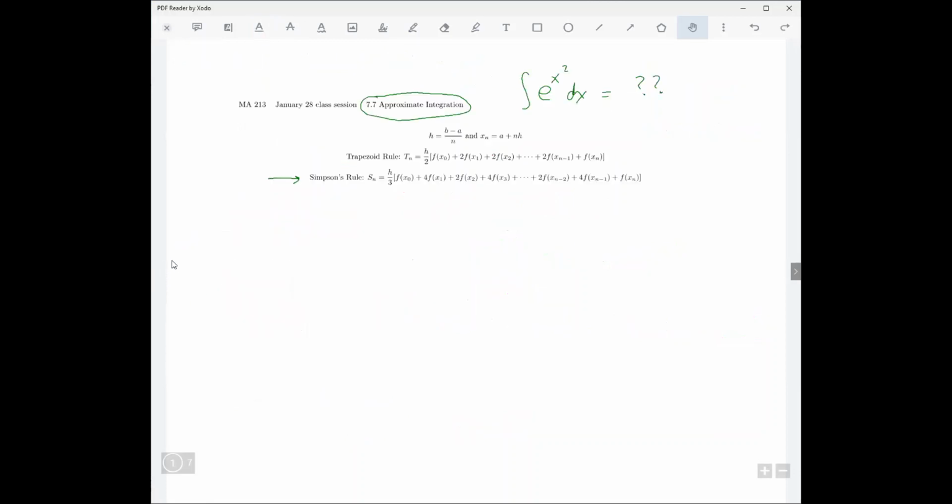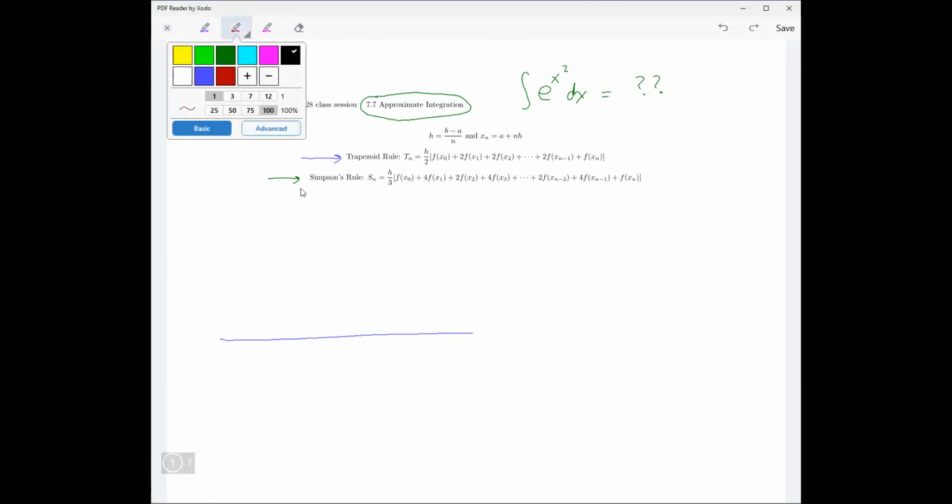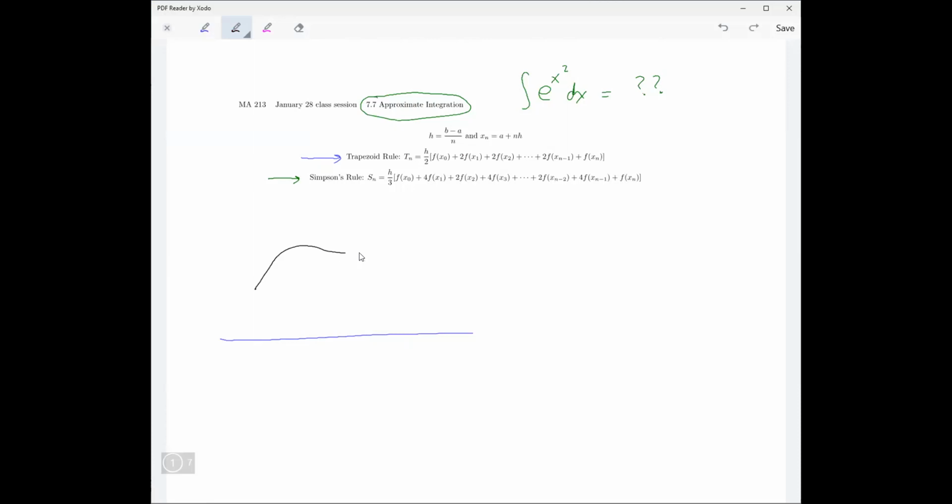Now let's take a look at these right here. First of all, the trapezoid rule. Let's say that we have a curve like this, and we want to find the integral from A to B. This is the trapezoid rule.